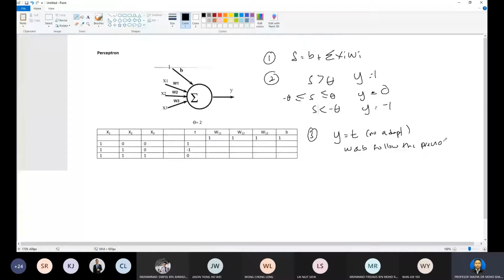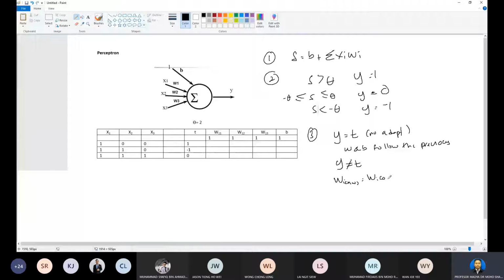But if Y is not equal to T, we have to adapt. This is the formula for adaptation of weight: w_i new equals w_i old.